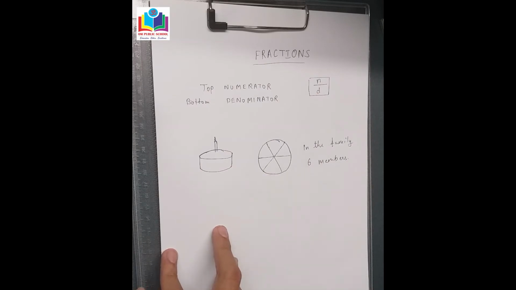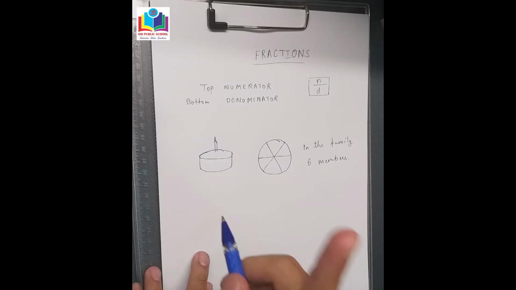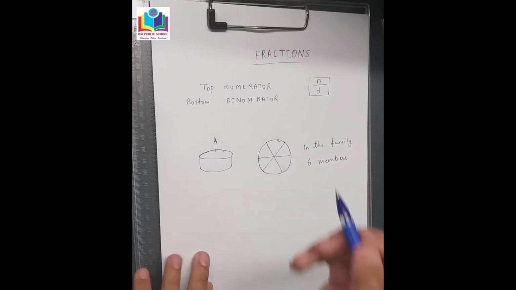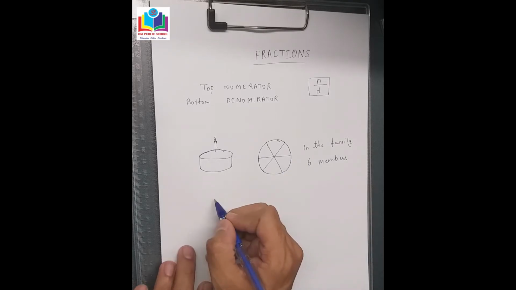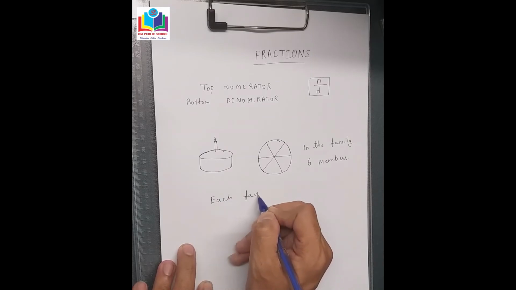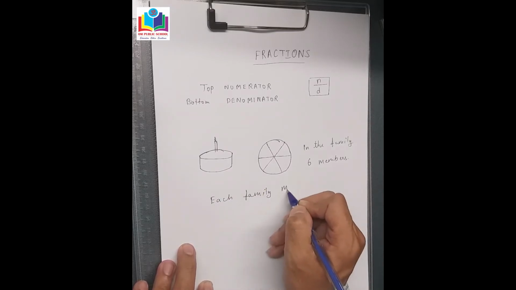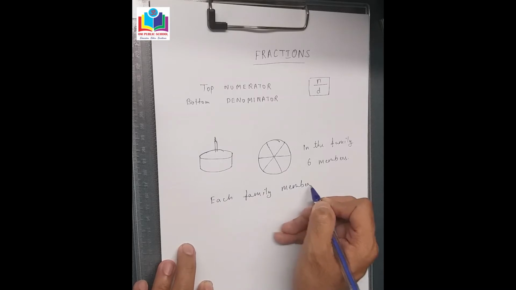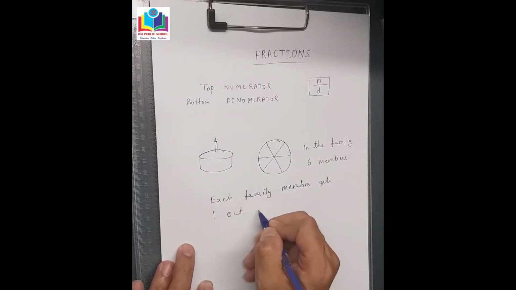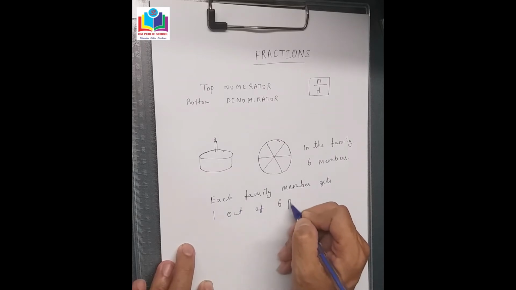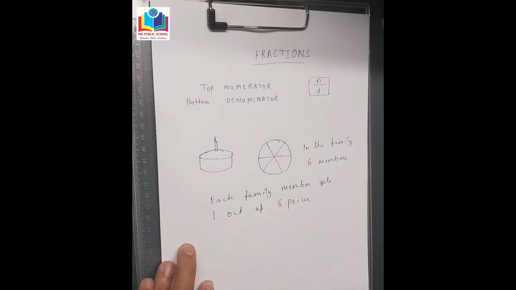So here we are. Now, of course, it is understood that each family member will get one piece out of the six pieces of the cake that we have cut. Each family member gets one out of six pieces.